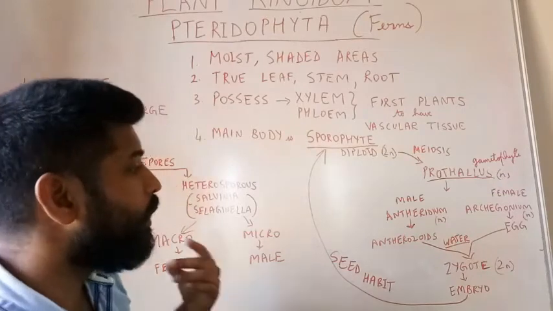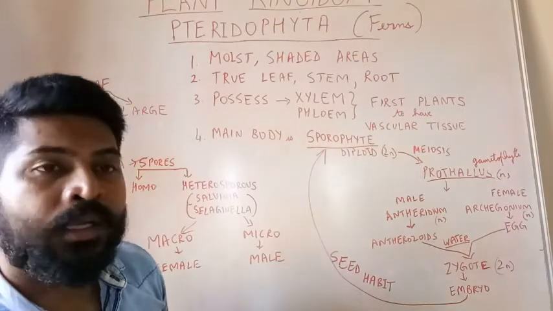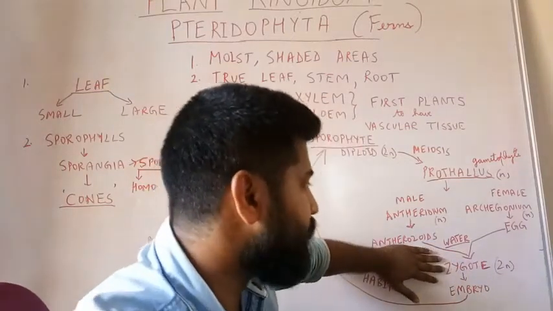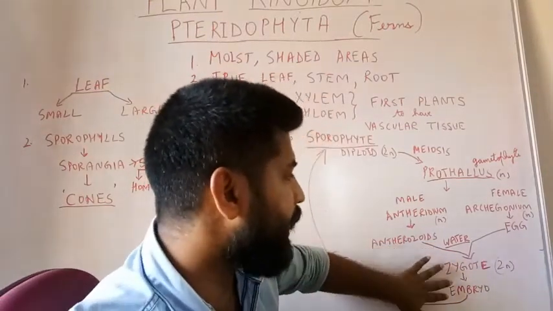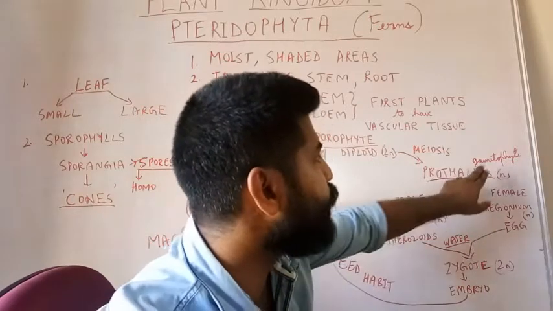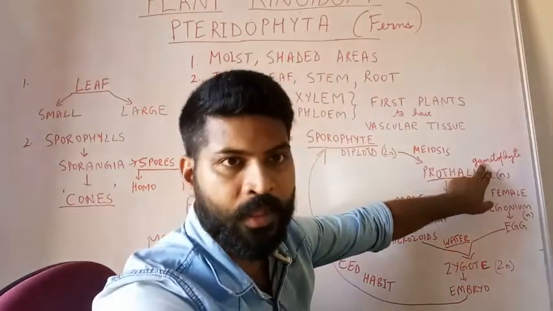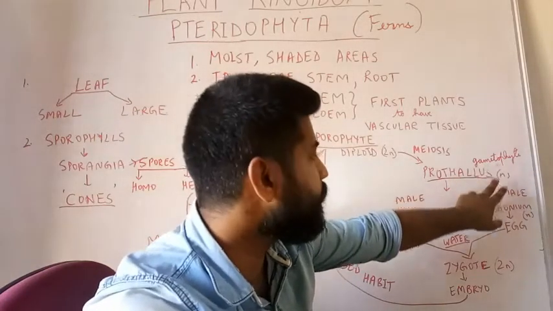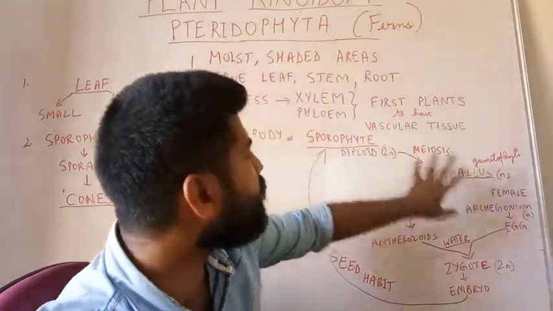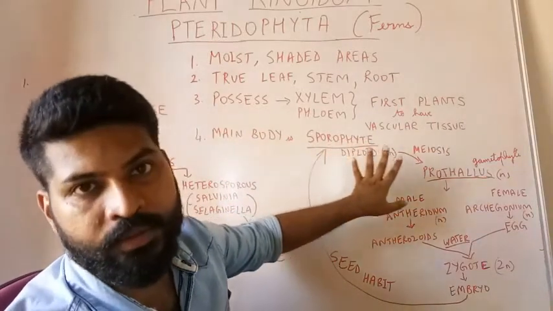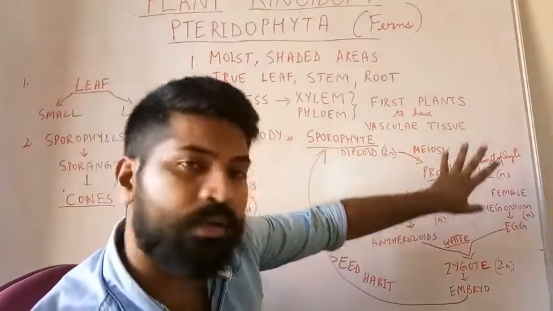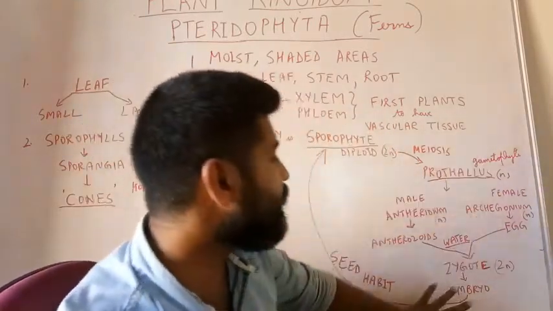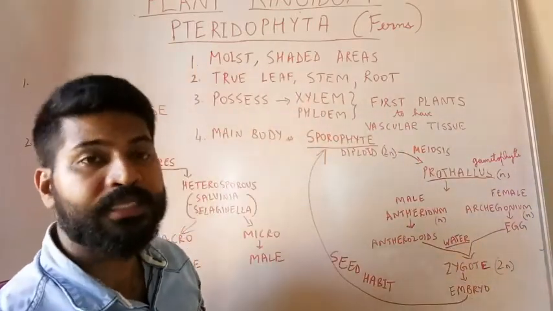Now here what is very interesting to note is that the development of zygote or the embryo takes place within the female gametophyte. This female gametophyte is sometimes present on the sporophyte. So the female gametophyte undergoes its development on the sporophyte. Inside the female gametophyte, the development of embryo is taking place.